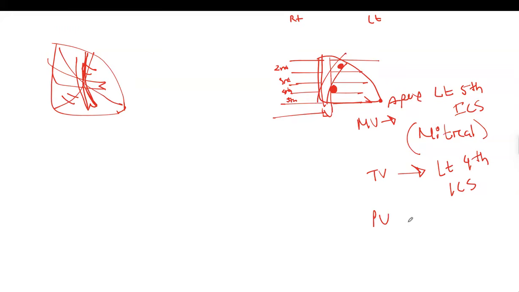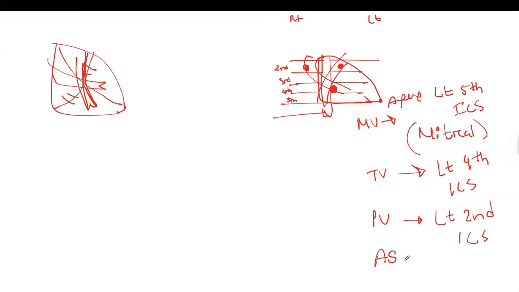So the pulmonary valve murmur is best heard on the left second intercostal space. In the same way, the aortic valve goes like this, so that's why its murmur is best heard on the right second intercostal space.